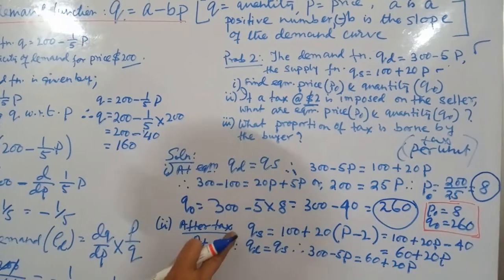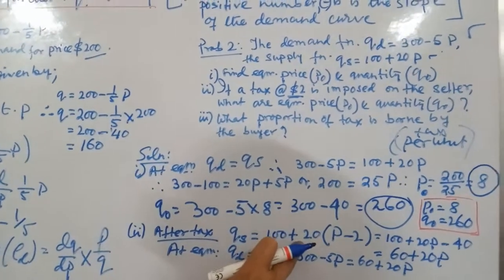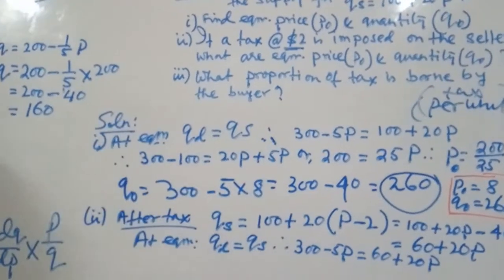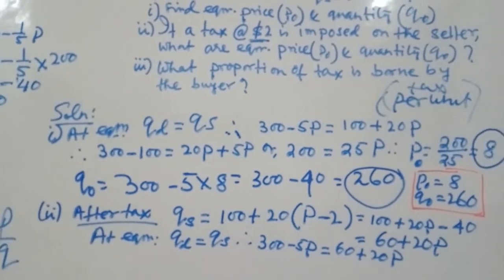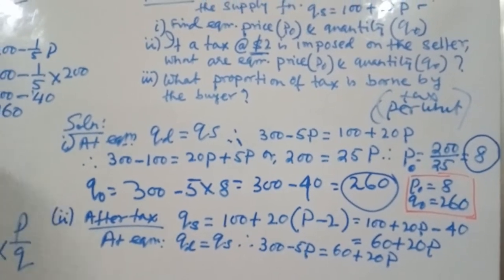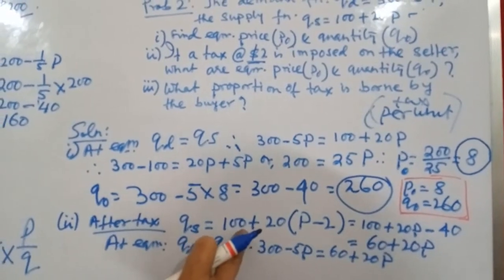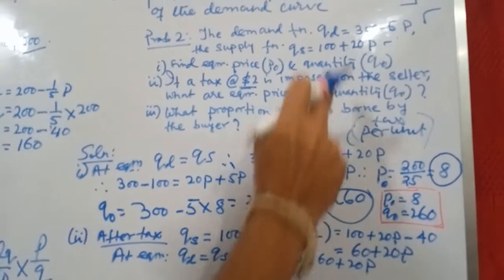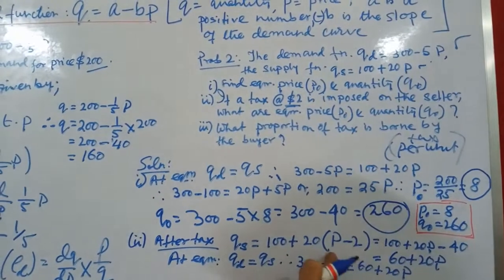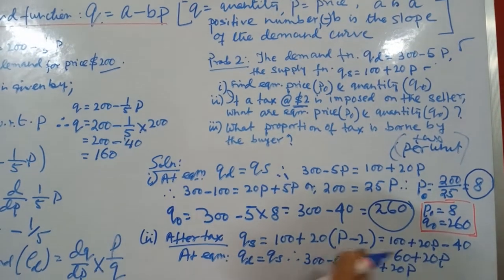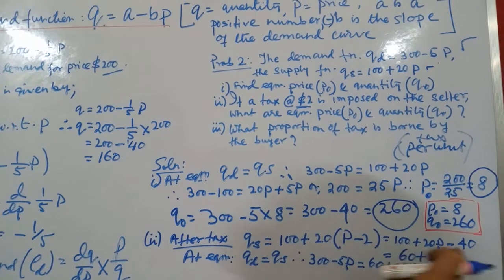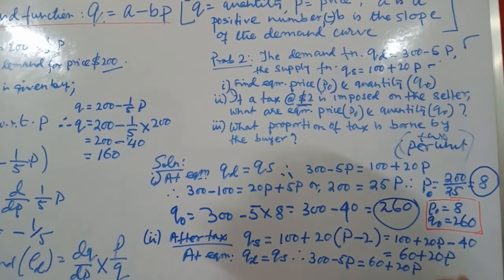This is the changed supply function after imposition of tax of $2 per unit on the seller. 100 plus 20 into P minus 2, that is 100 plus 20P minus 40. So 100 minus 40, 60, 60 plus 20P.